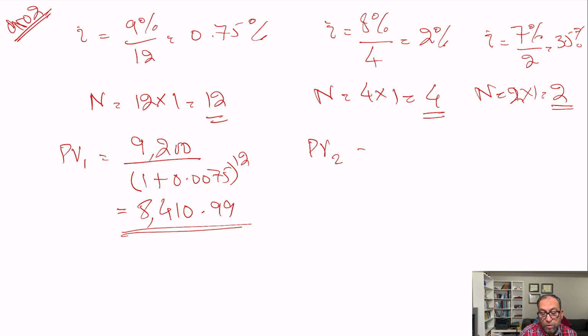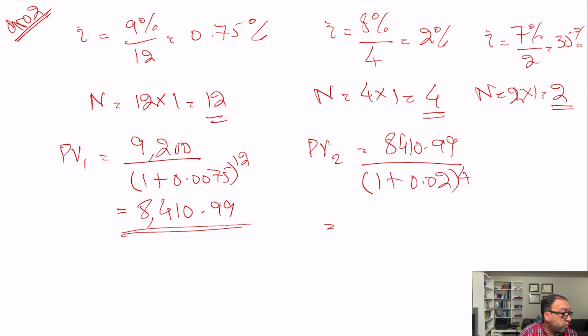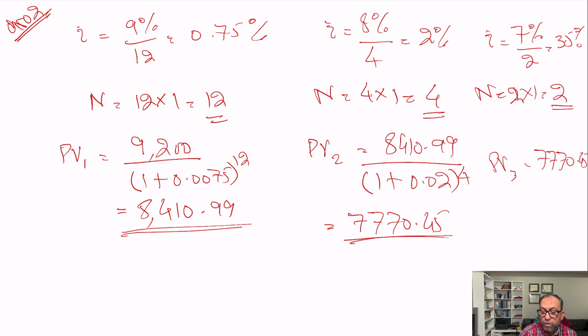PV2 is 8410.99 divided by 1 plus 0.02 exponential 4, and if we solve it we get 7770.45, and then we have to apply PV3, which is 7770.45 divided by 1 plus 0.035 exponential 2.